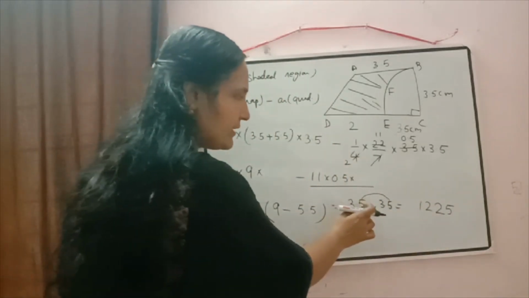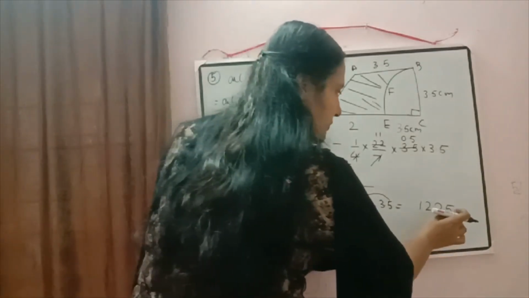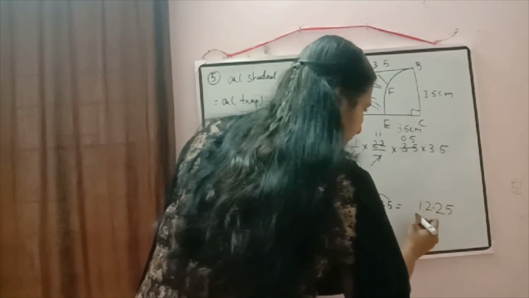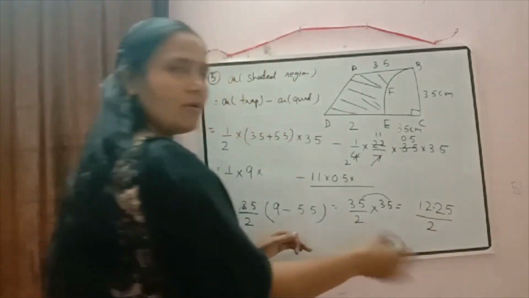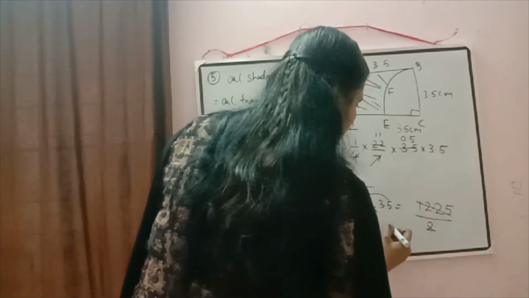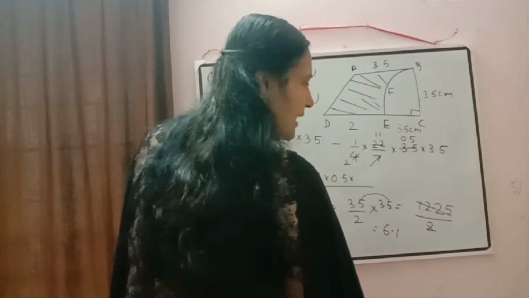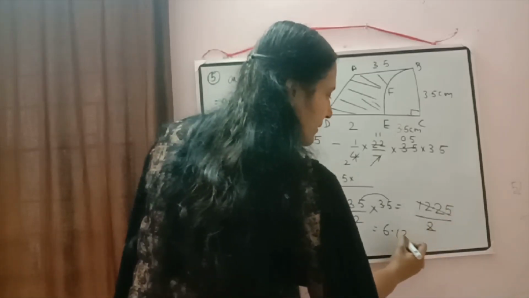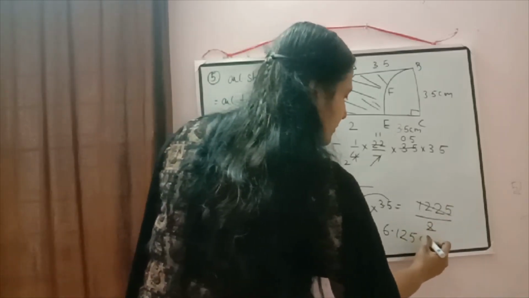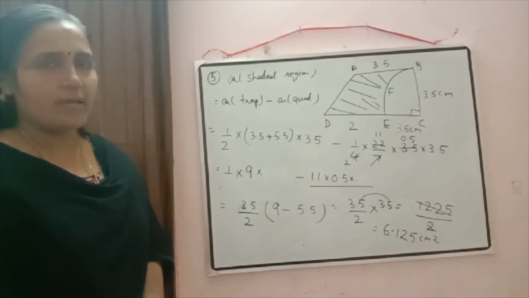Since we have two digits after the decimal, count 1, 2 and write the decimal sign here. Now we can cancel it by 2, then it will be 6.125 centimeter square.